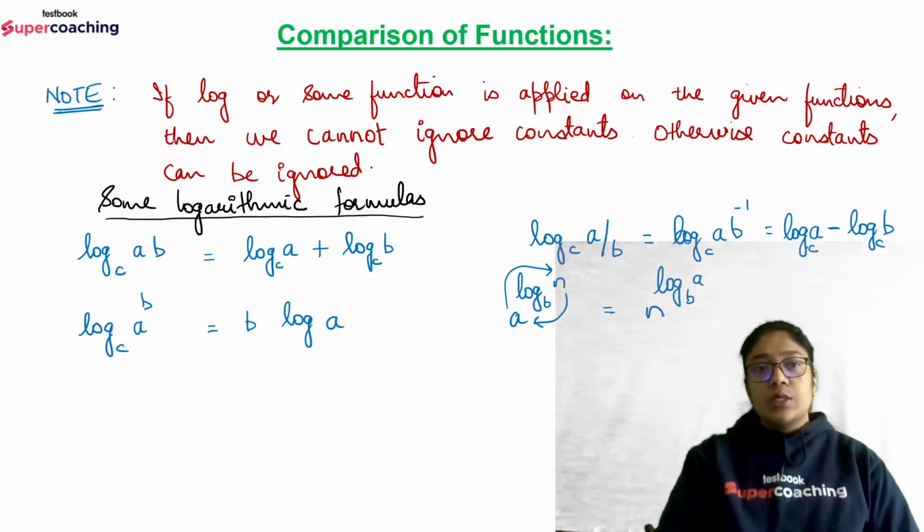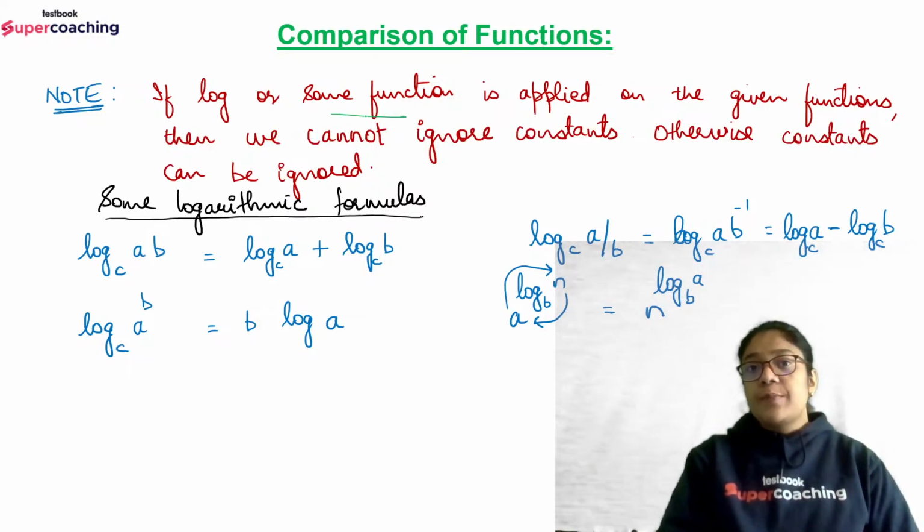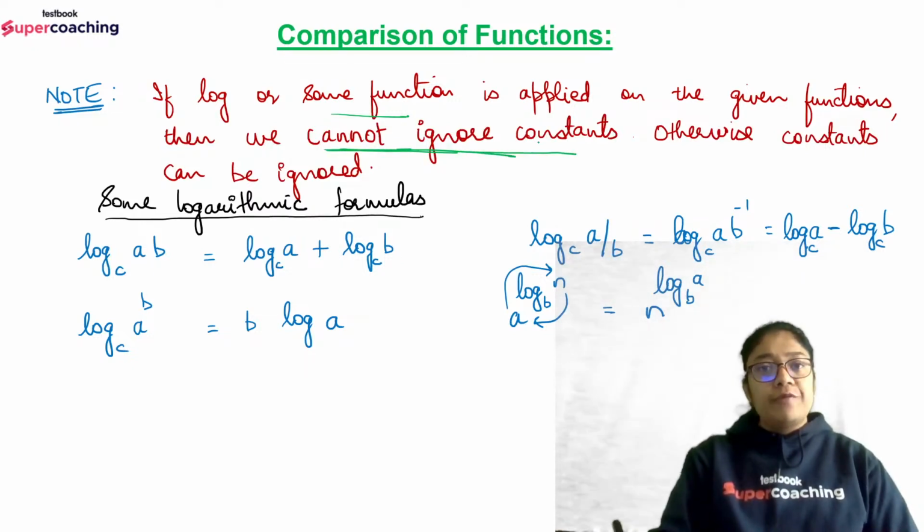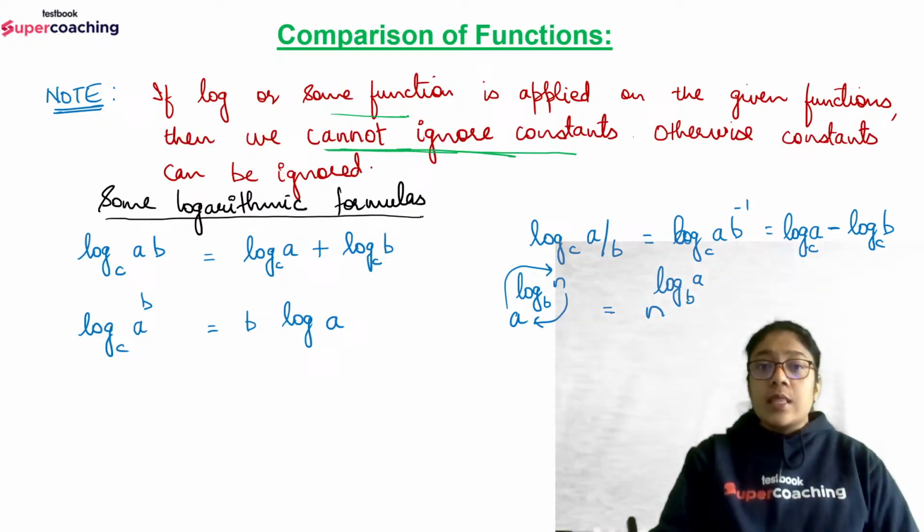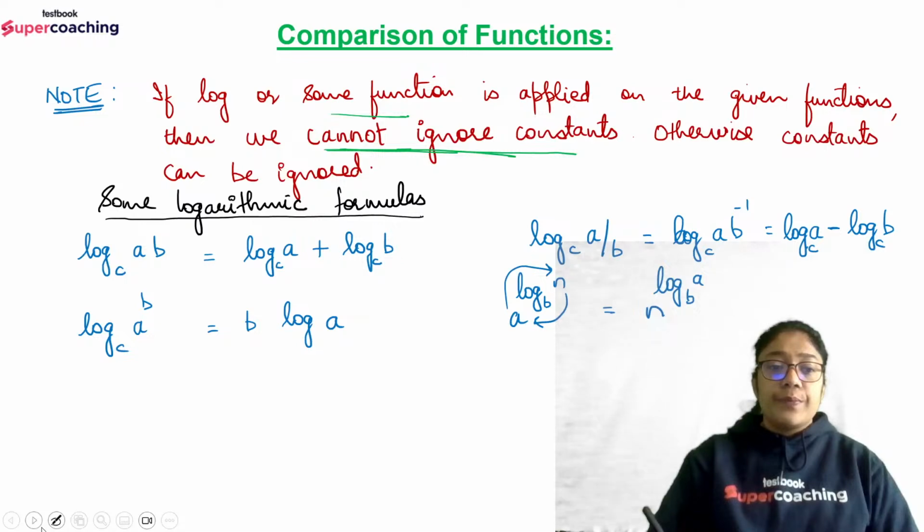If you go through this note, if log or some function is applied, then we cannot ignore the constants. अगर आपने given function को modify किया है कोई और function या log apply करने के बाद, तब आप constants को ignore नहीं कर सकते. But if you are given with the raw functions, then we can ignore the constants, right?